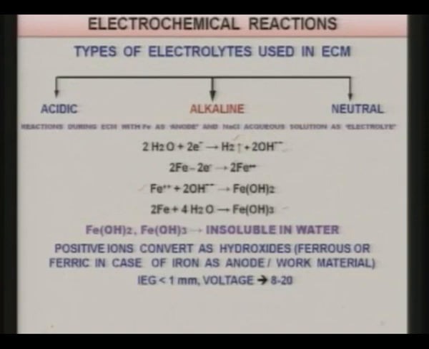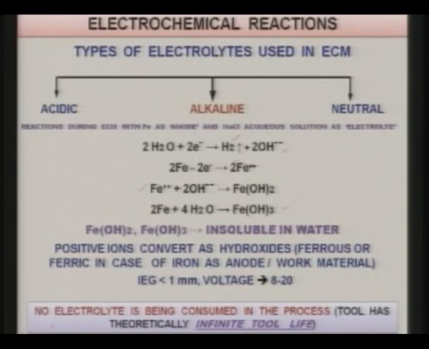Another point is that the inter electrode gap should be less than 1 millimeter, and the normal voltage used is 8 to 20 volts. Another point to note here is that no electrolyte is being consumed in the process. You can see from all these equations that the electrolyte is not being consumed.